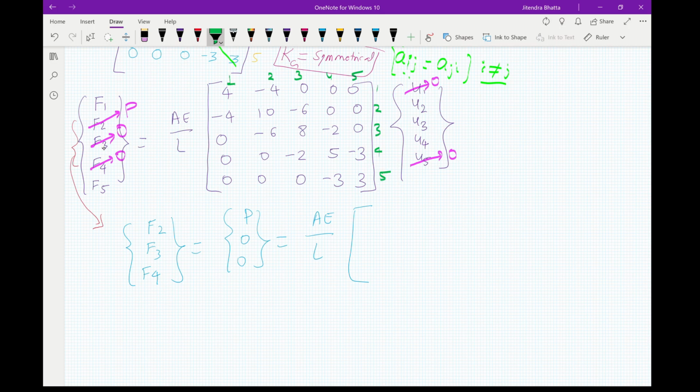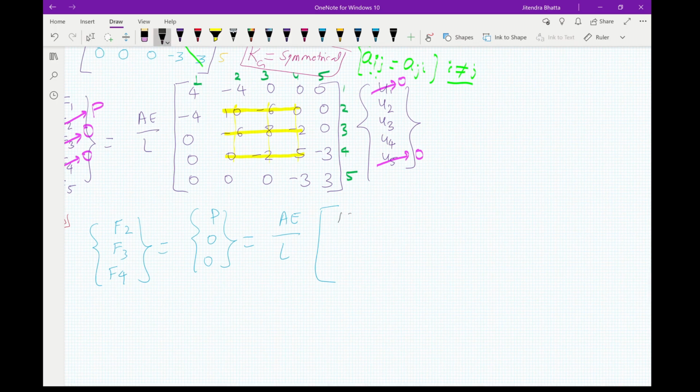We are looking into 2, 3, and 4. So look into this row, this row, this row, and this column, and this column. Then you just have to shift those values here. We get 10 times u2, u3, and u4. So this is 2, 3, 4, 2, 3, 4.